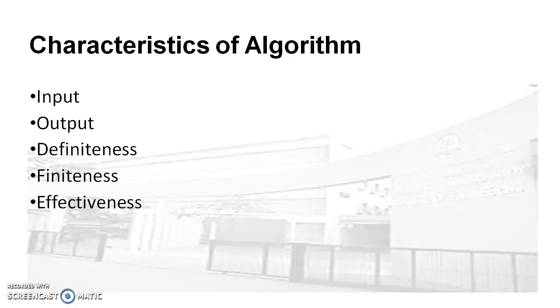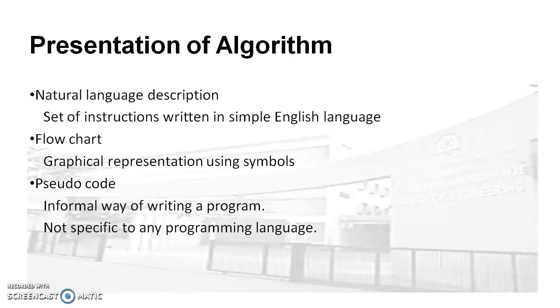Now let's see, how do we represent an algorithm? The representation of an algorithm can be done using natural language description. A set of instructions written in simple English language is also a way to represent an algorithm. You can have the instructions written in a numbered sequence, and then you follow these numbered instructions to accomplish your task.